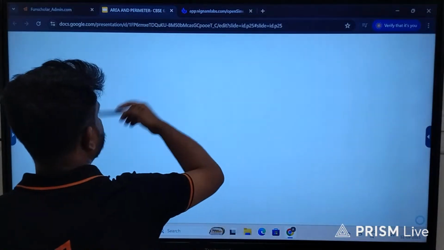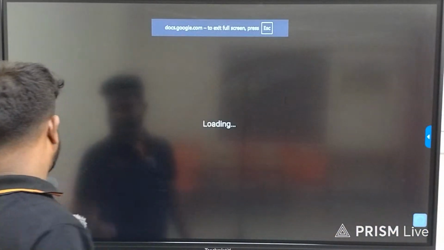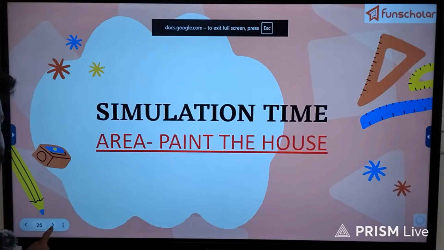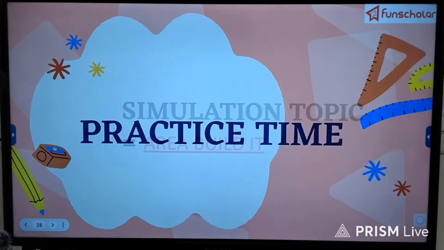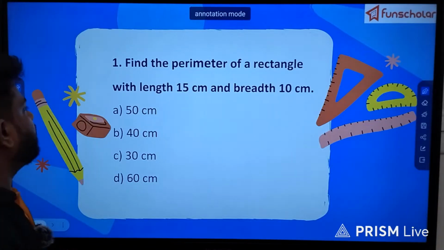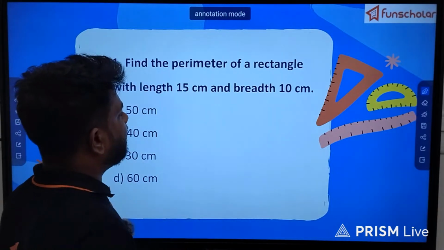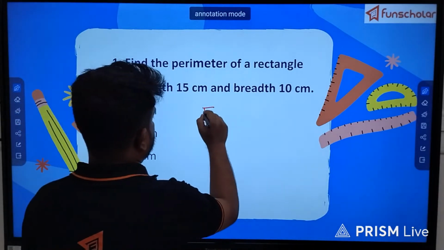Now we will have to do some practice. Okay, for the first case, find the perimeter of a rectangle with length 15 centimeter and breadth 10 centimeter.